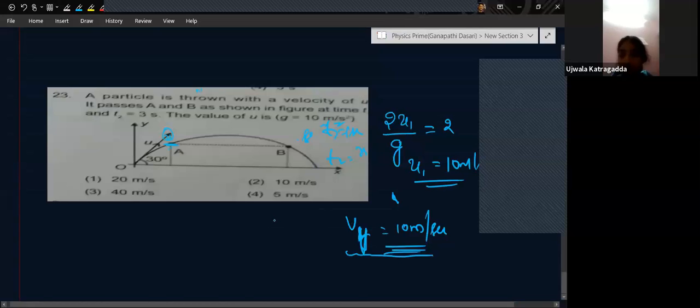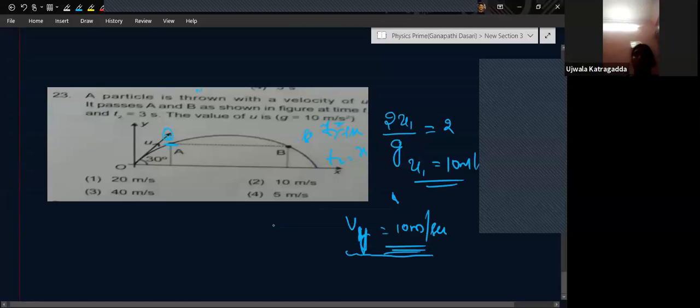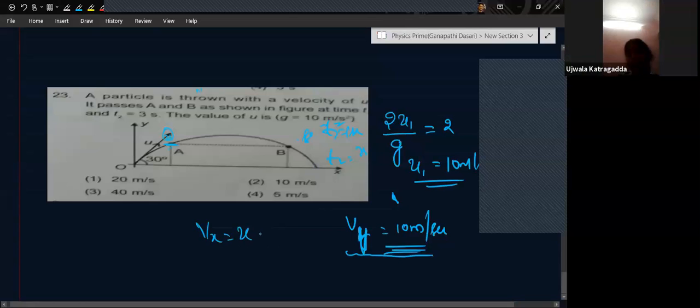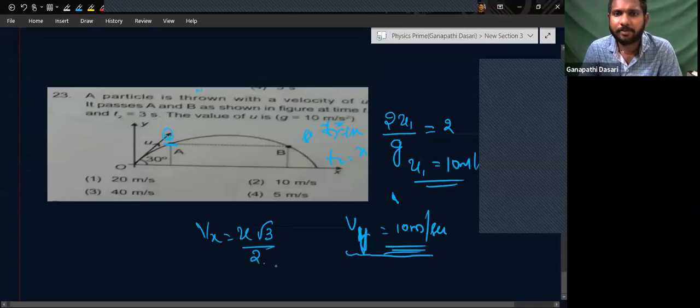So Vy is 10 meter per second. Then what is Vx? Vx will be u cos theta. U cos 30 is nothing but how much? Root 3 by 2. So Vx is u root 3 by 2.